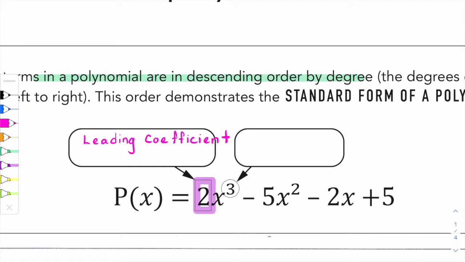And I generally abbreviate leading coefficient as LC in my notes just to save the time of writing out that word. It's also important to recognize the degree of the function. The degree is the largest exponent.